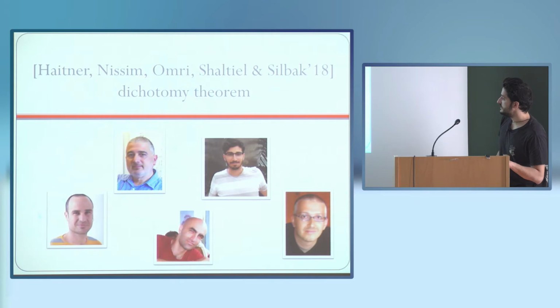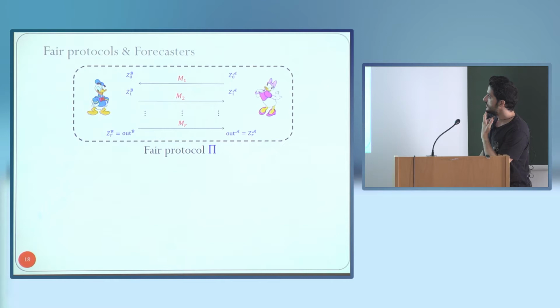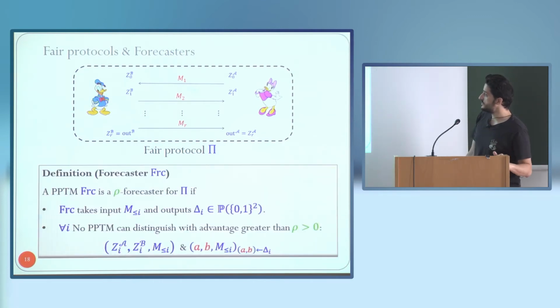Good, so now let me go very fast over the dichotomy theorem of Ronen and others. Let's start with the items that we're going to use. Ronen first talked about decorrelators and then he talked about forecasters. I'm going to do the opposite, and how they relate to FAIR protocols. A forecaster is a machine that takes an input, a transcript. In my case, I'm also interested in partial transcripts.